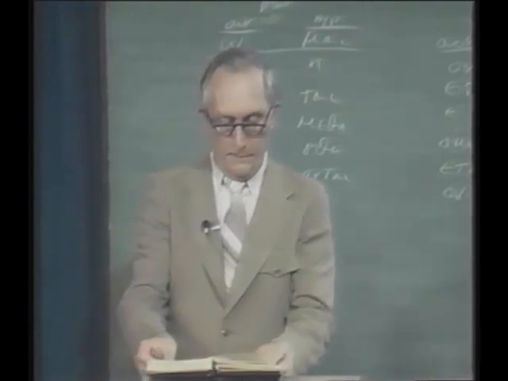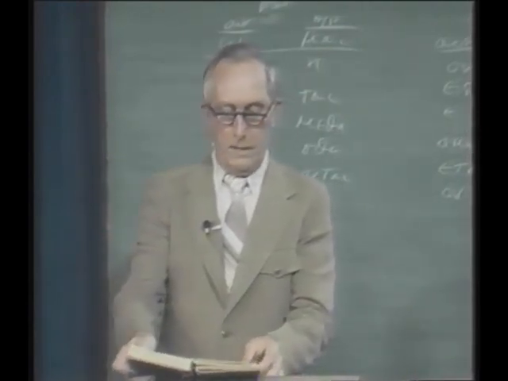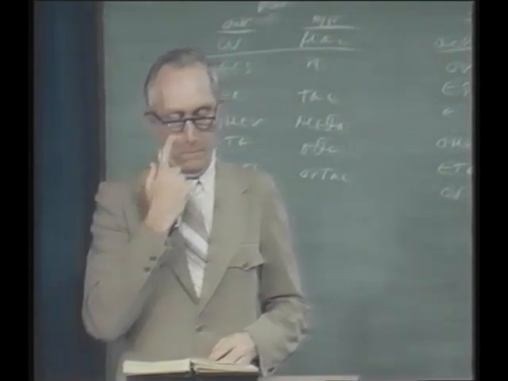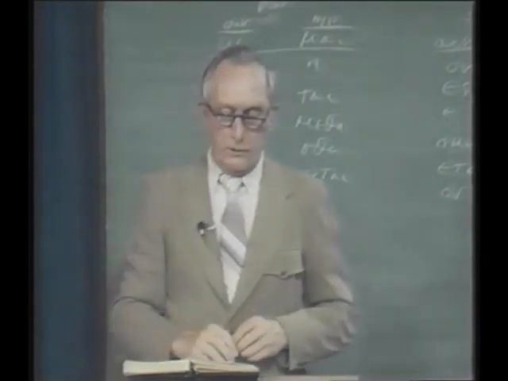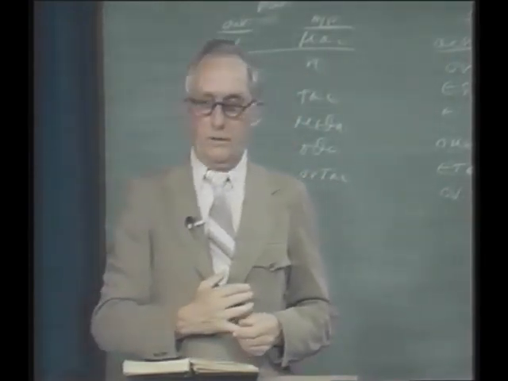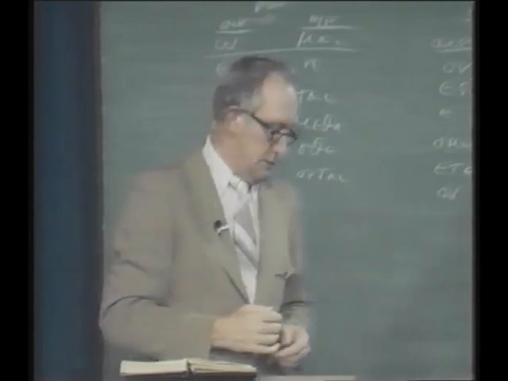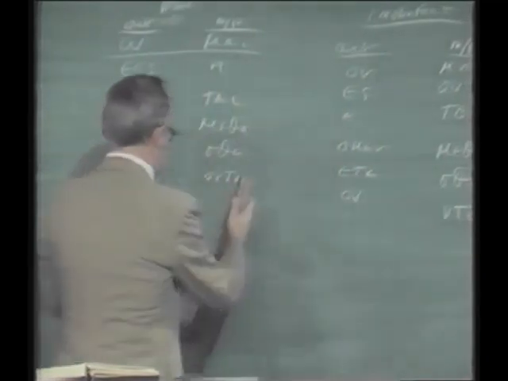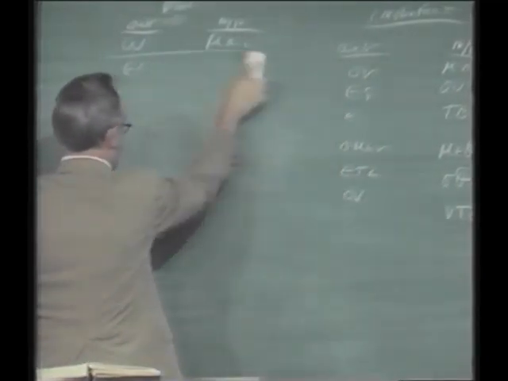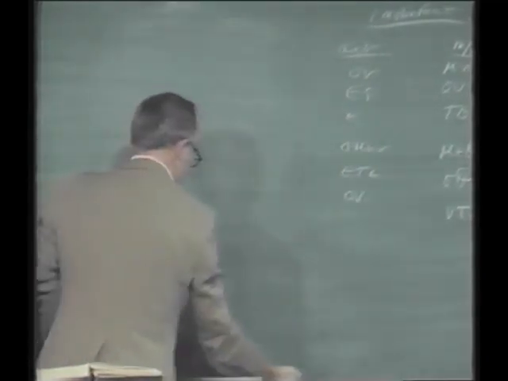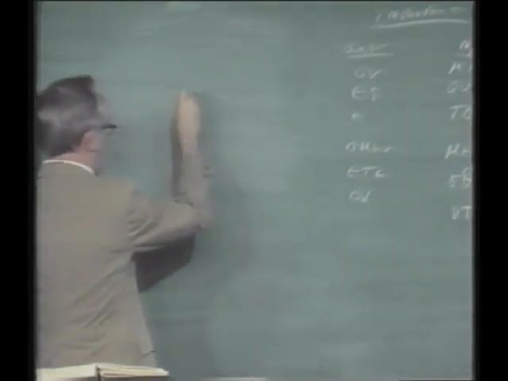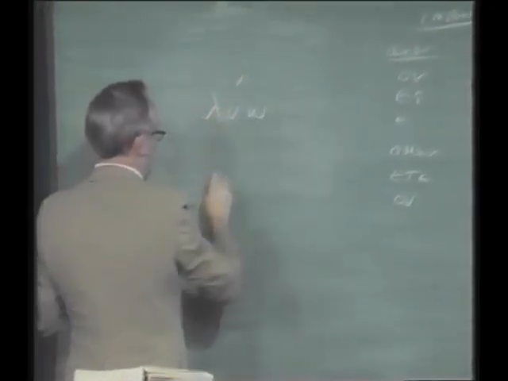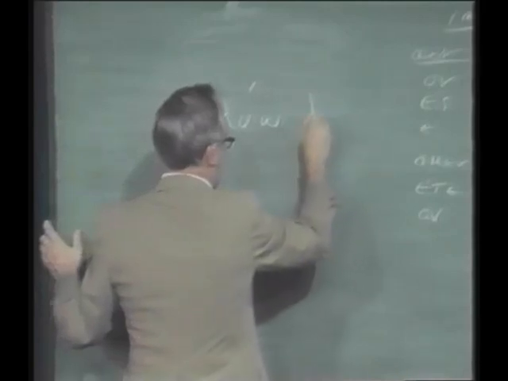Now, an explanation of some paragraphs here is in order. For instance, in paragraph 144, verbs which are deponent in the present are also deponent in the imperfect. Now, what he means by that is, if you have a verb, let's say, luo, and then you have a form luomai.